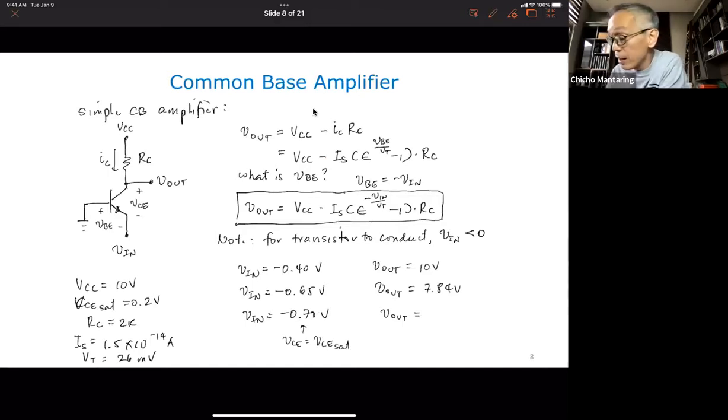Now V out is V in plus VCE. So V out again is V in plus VCE, which is negative 0.7 plus 0.2. So the answer is minus 0.5 volts.